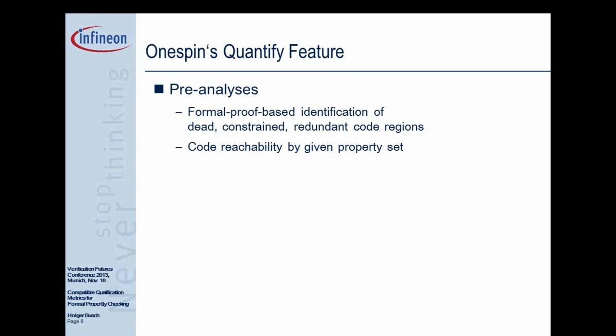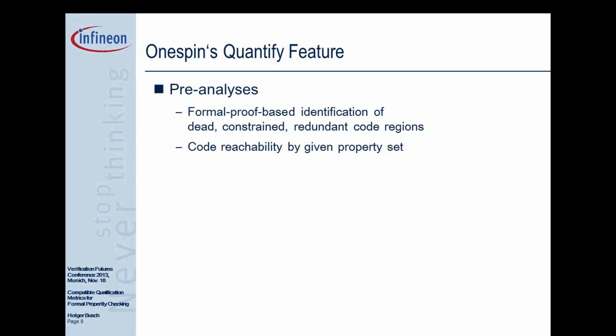So this code cannot be covered either. It really makes sense to have this view of constrained dead code. And redundant code: some designs have redundant code which does not affect the results of some HDL process, and therefore also needn't be covered.